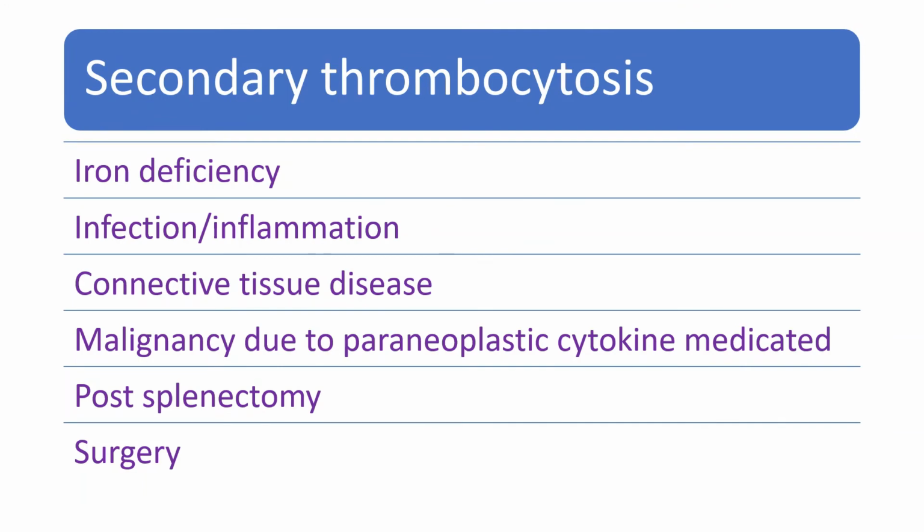There are also other secondary causes of thrombocytosis, which include iron deficiency, infection, inflammation, connective tissue diseases, malignancy due to paraneoplastic mechanisms, cytokine mediated, and post-splenectomy or surgery, which is also a stressful inflammatory state.